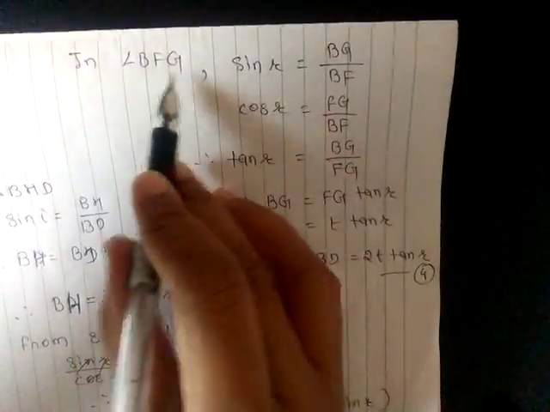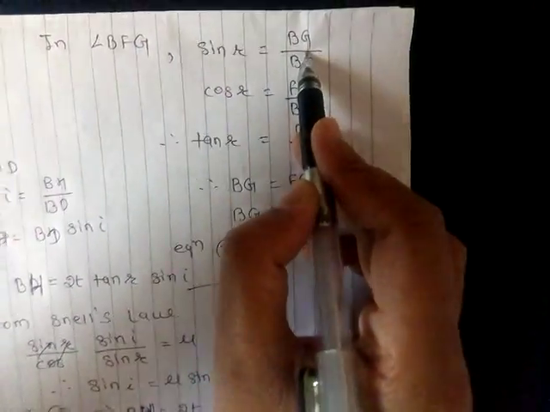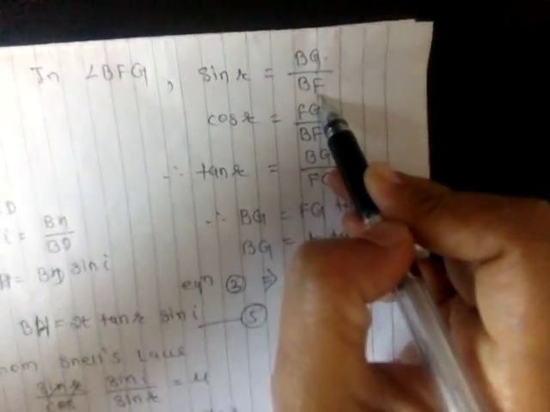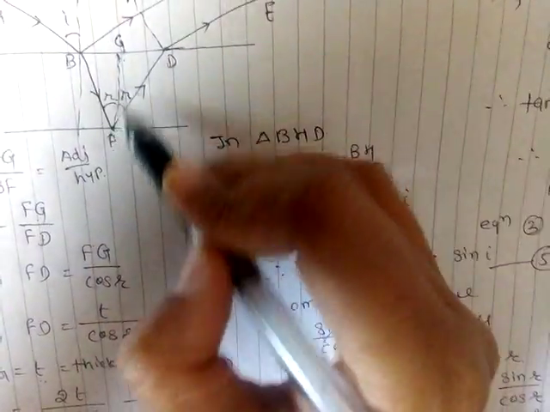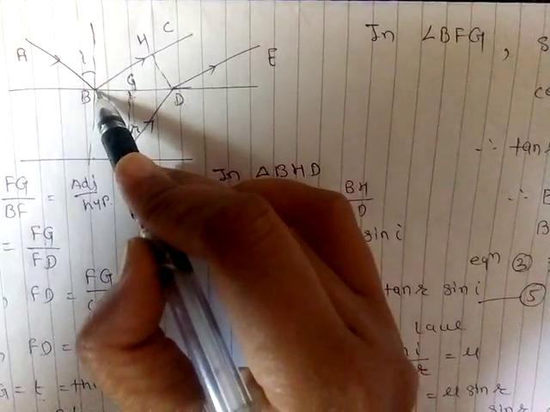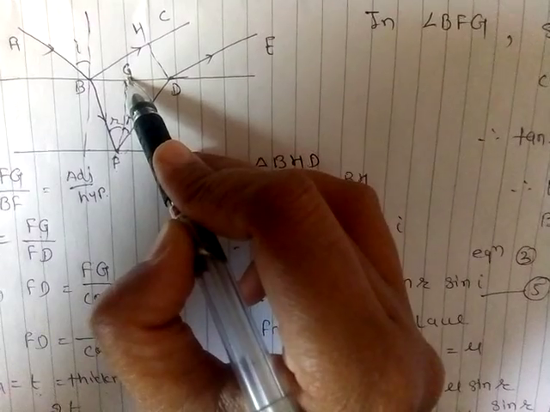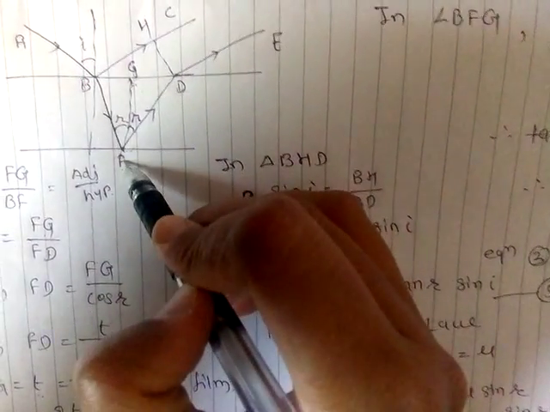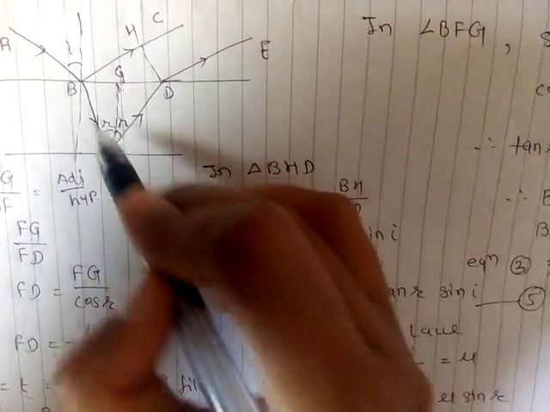In triangle BFG, we get sin of R equal to BG upon FG and cos of R equal to FG upon BF. In BFG, sin of R means opposite upon hypotenuse, so BG upon BF, and cos of R is FG upon BF.